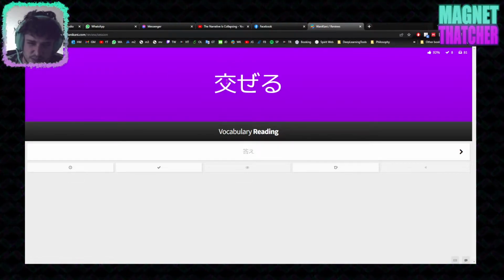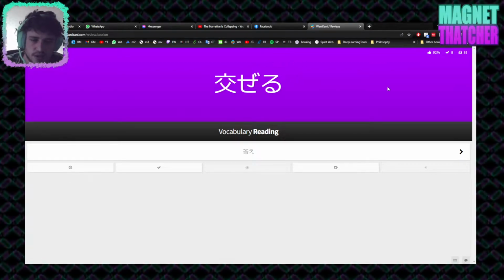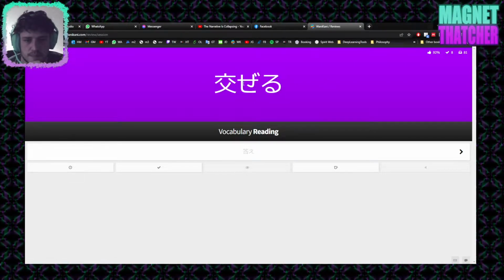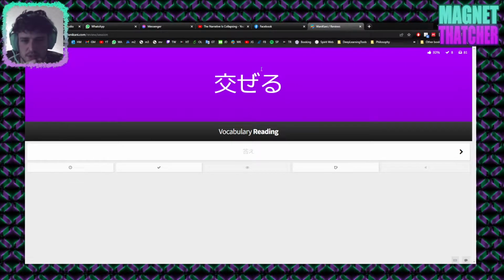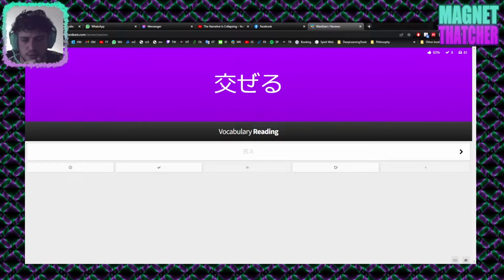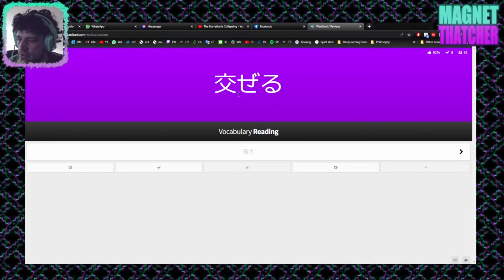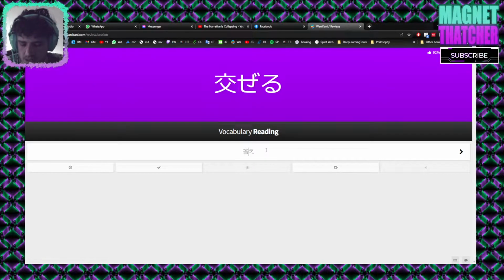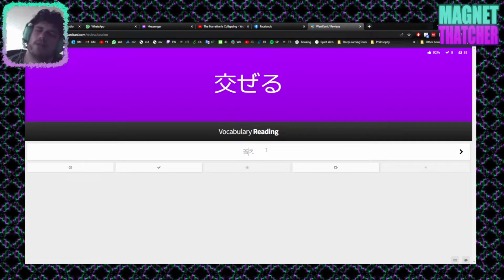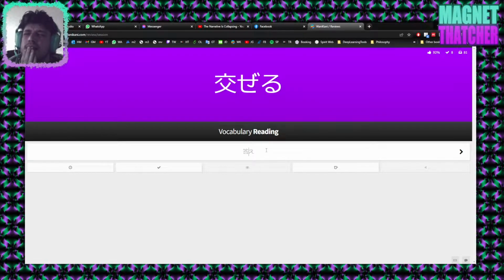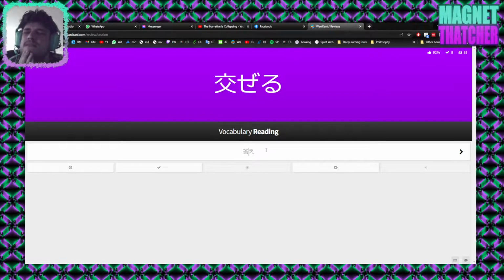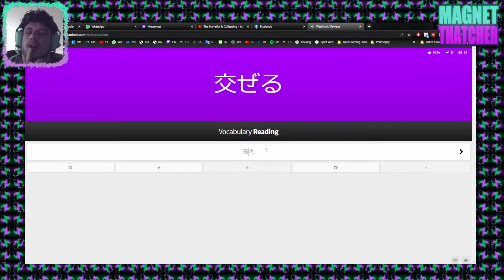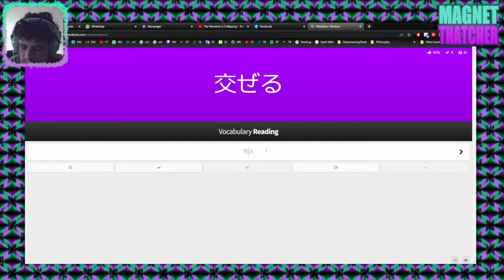This first kanji means mix, and zeru, we know it's a verb because it ends with ru. I haven't really worked out the pattern for this, but sometimes the hiragana that comes before the ru gives you an impression of how the verb is going to be. This one means to mix, and the vocabulary for mix is, I can't remember.